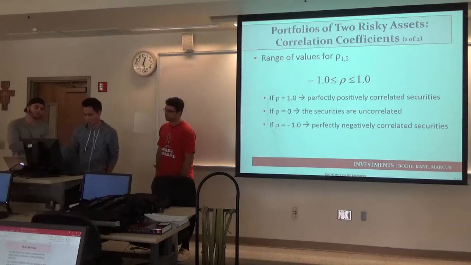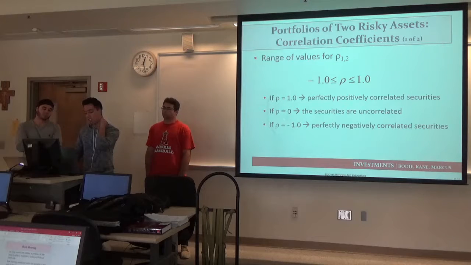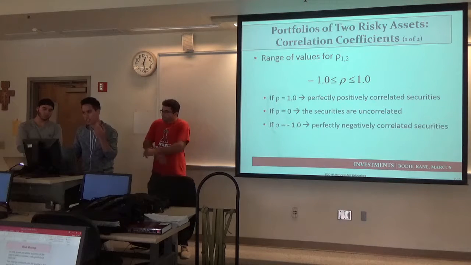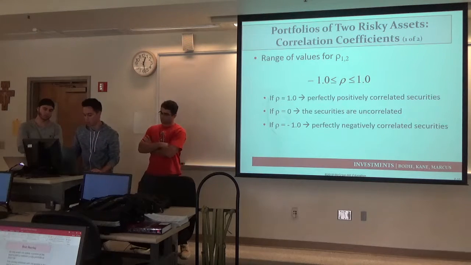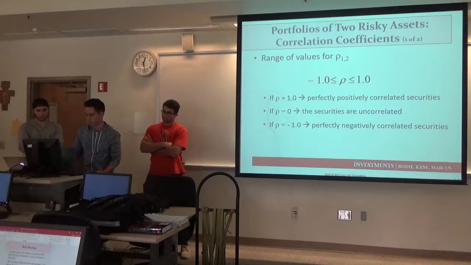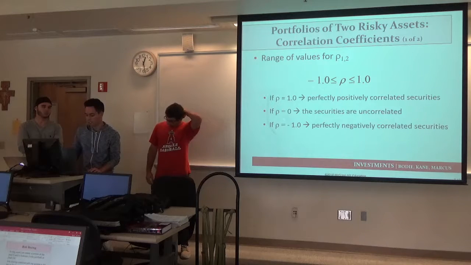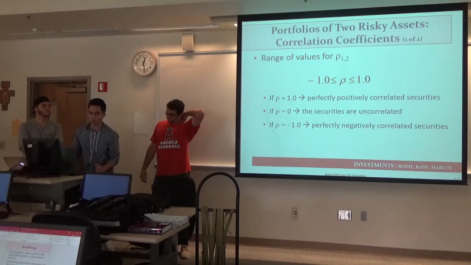So now we're going to move on to correlation coefficients. It's just called rho. The values go between -1 and 1. If you have 1, the two assets are perfectly correlated, so what one does, the other does. If they're at 0, then they're completely uncorrelated. If they're at -1, then it's perfect negative correlation.